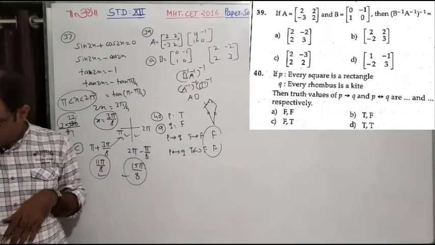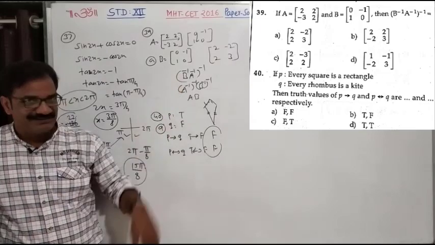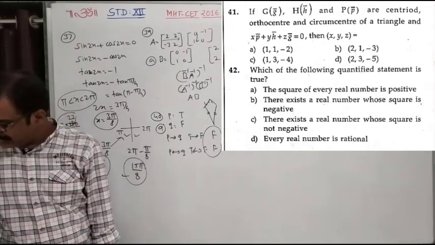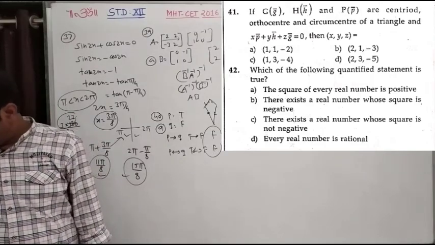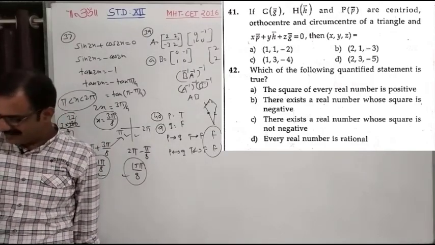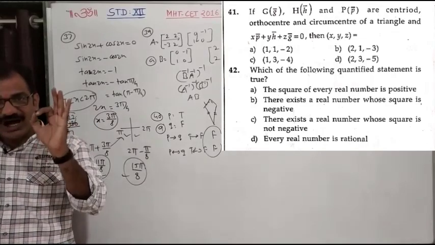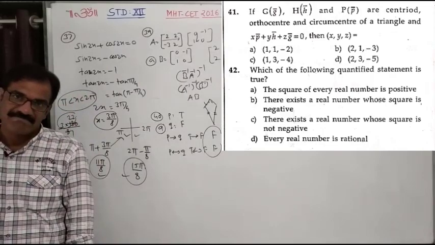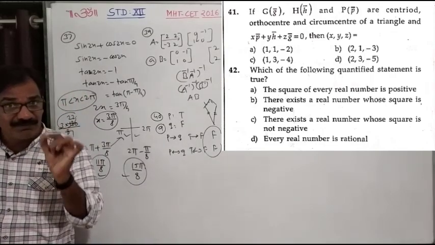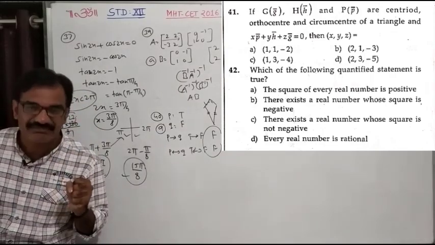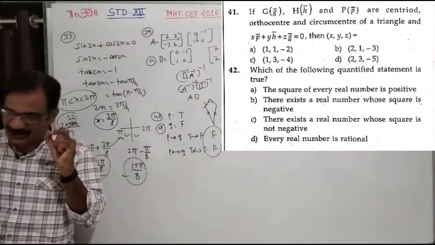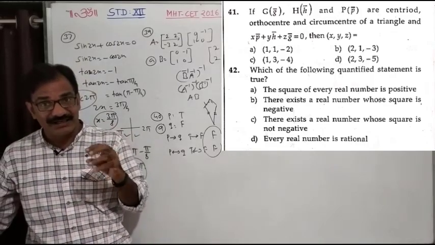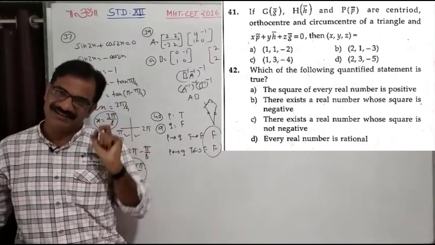Look at question number 41. You can directly guess it. G, G bar, H, H bar and P, P bar. What are they? They are the centroid, orthocenter and circumcenter of a triangle. As you know the property of all of these together, the centroid divides the orthocenter and circumcenter in the ratio 2:1.